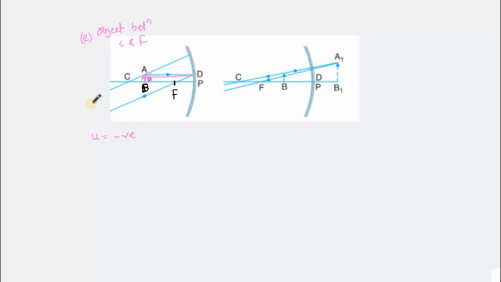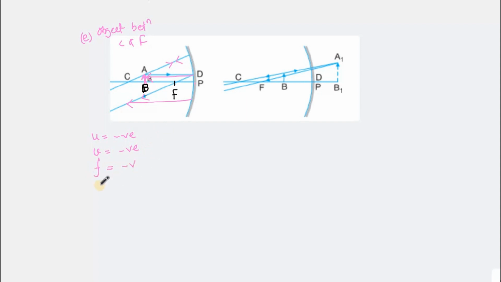Now the image is formed at infinity, because you see here the reflected rays are parallel to each other and they meet at infinity. So the image is formed at infinity, but it is formed in front of the mirror. So to measure the image distance we have to go towards the left from the pole. So our image distance also is a negative quantity.